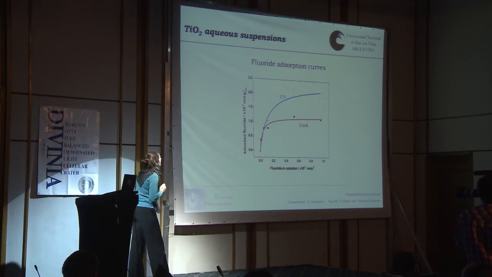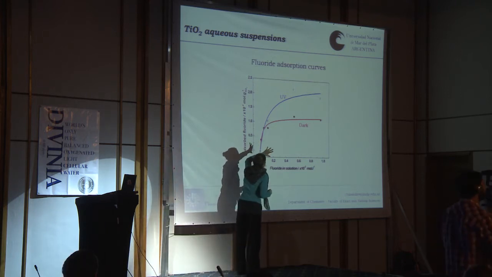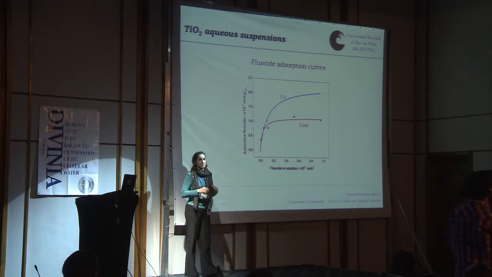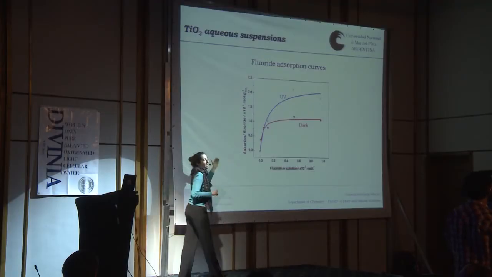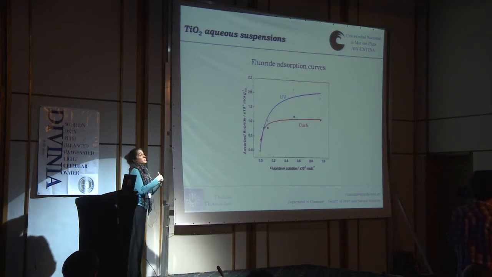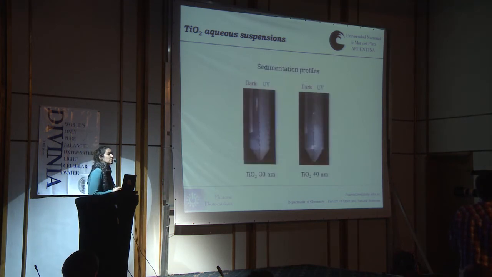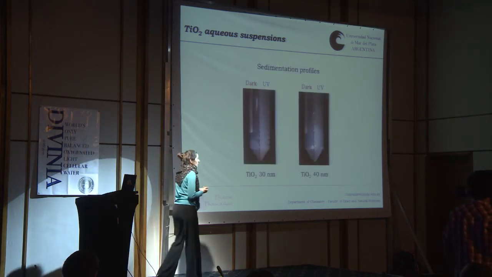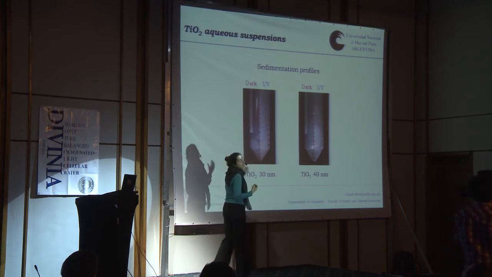These are aqueous suspensions of titanium dioxide, and if one performs the adsorption curve, in this case of fluoride, but we have done it with many anions and with many organic molecules, one sees that the adsorption curve after illumination is always higher, indicating that there are many more adsorption sites after illumination. A very simple test also to see that the naturally occurring agglomerates in the system may break and expose more surface is a centrifugation.